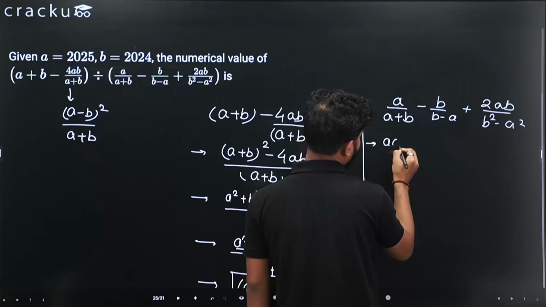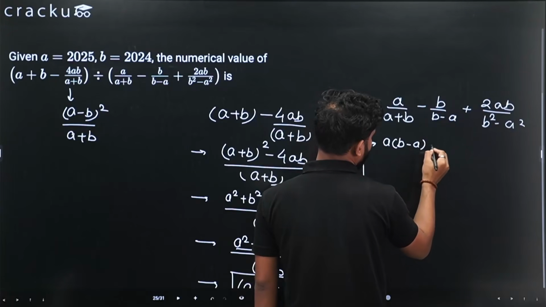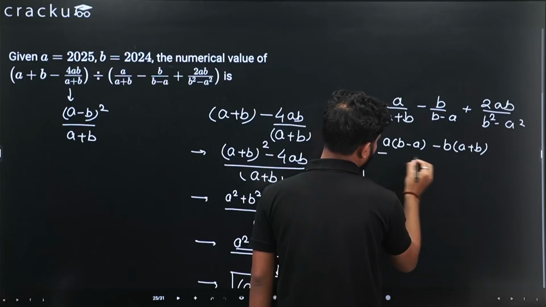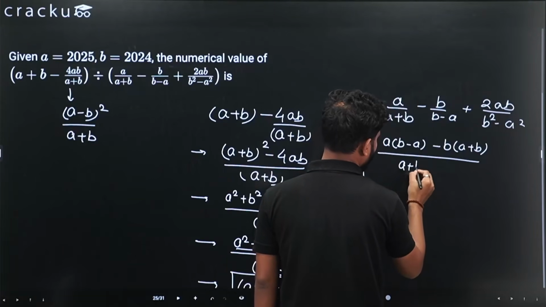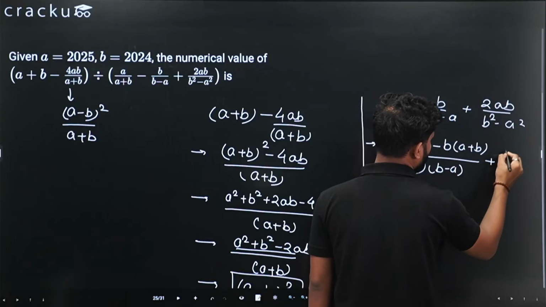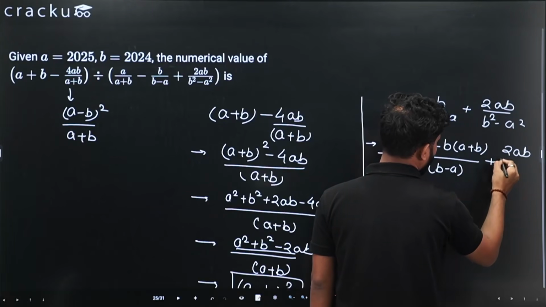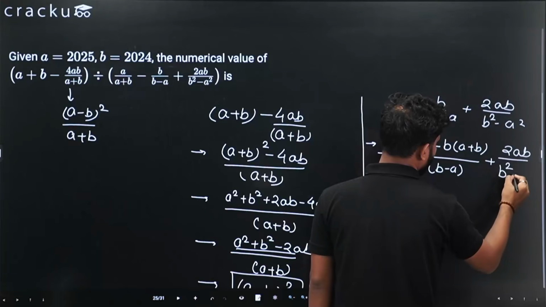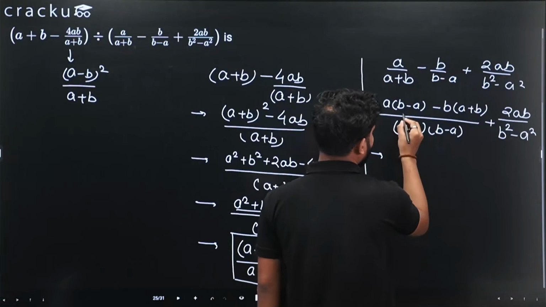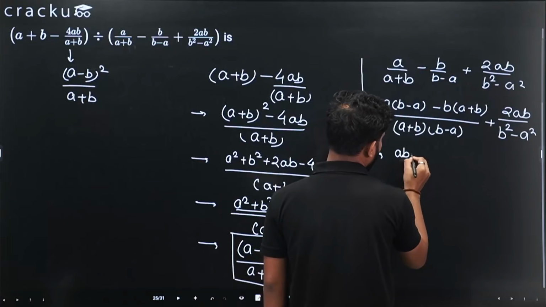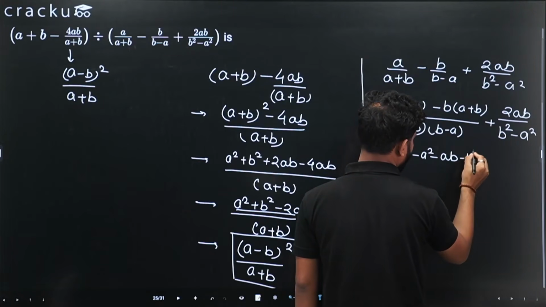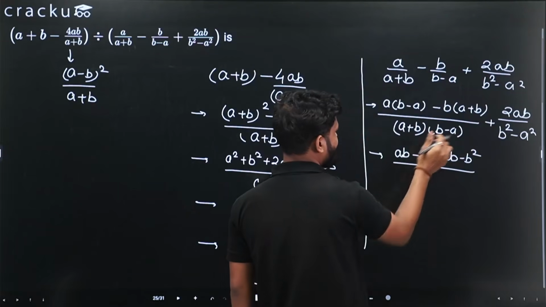I can write A into B minus A minus B into A plus B upon A plus B into B minus A plus 2AB upon B square minus A square. From here I can write AB minus A square minus AB minus B square upon A plus B into B minus A.